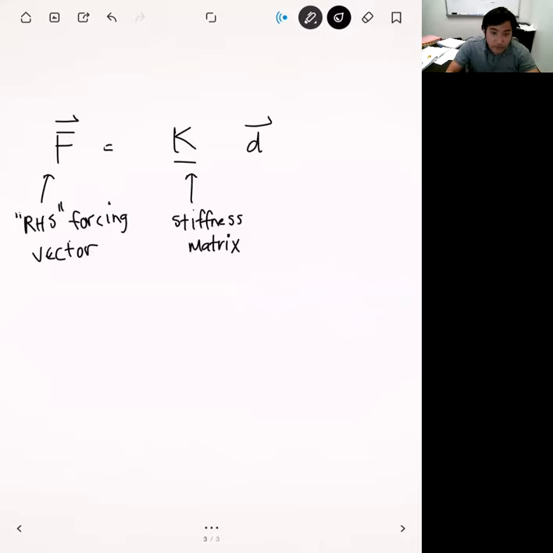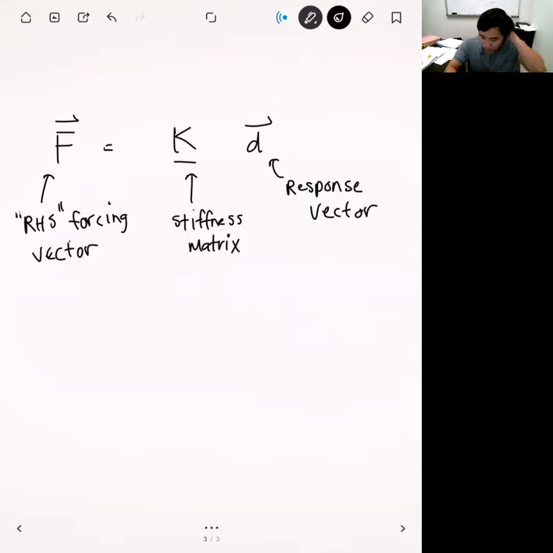And then we also have D, which is our solution vector or our response vector. I'm bringing this up because I want you to conceptually understand these three components of a finite element linear system and what kinds of things go into each of them.